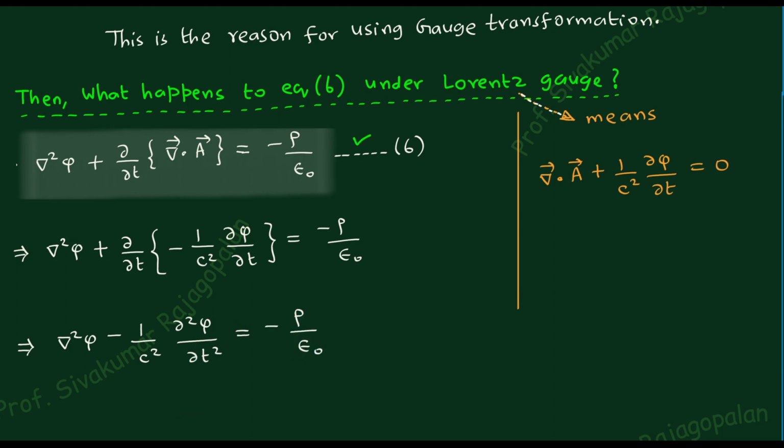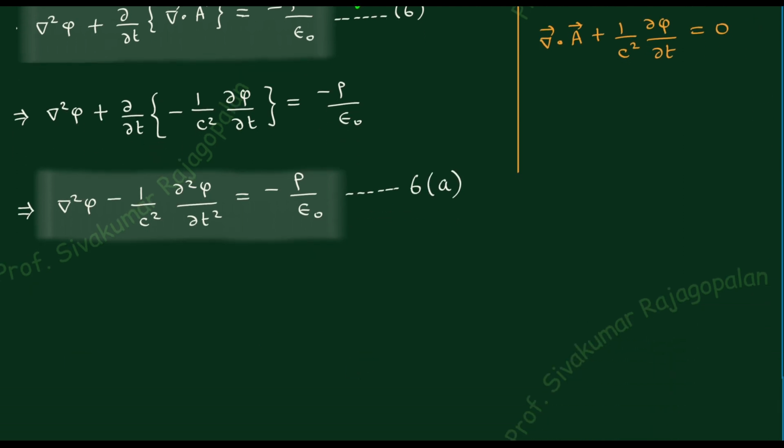And after writing this, it is of course a surprise for us. Why it is a surprise is that this equation also looks like a wave equation. Exactly, this is a wave equation. This we didn't expect actually. So surprisingly, if you use the Lorentz gauge, all the equations have been converted to the wave equation.